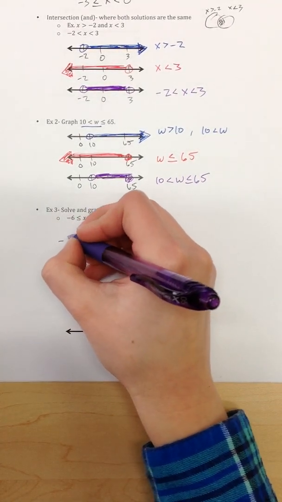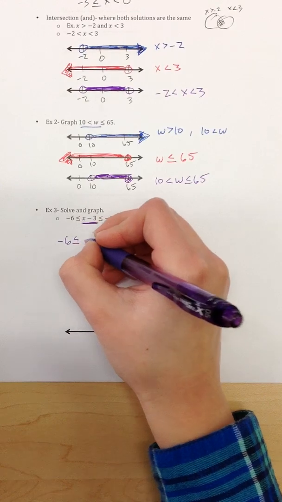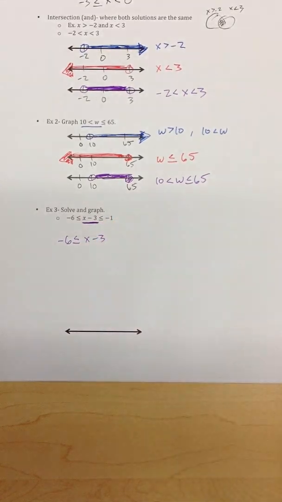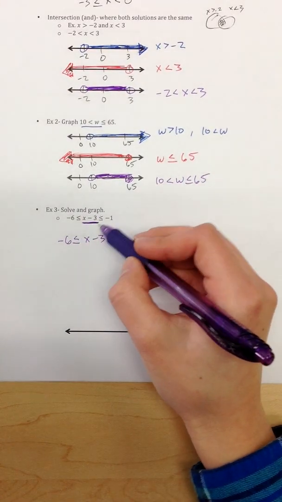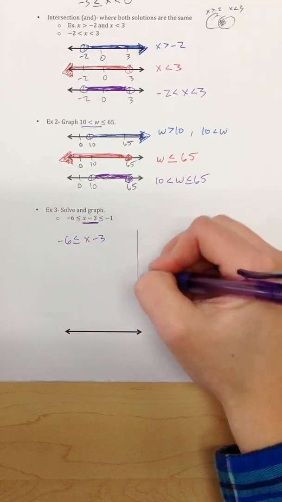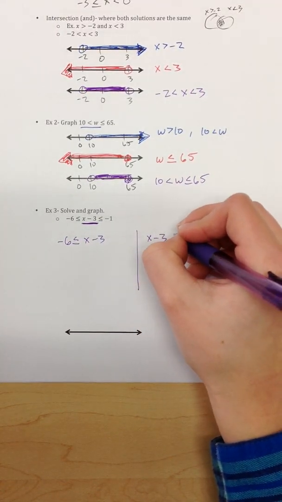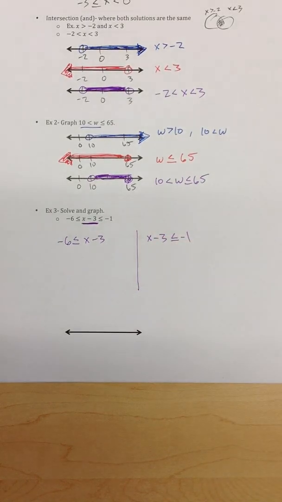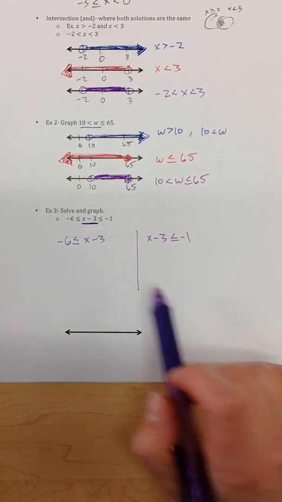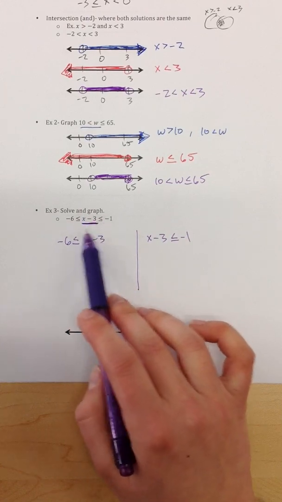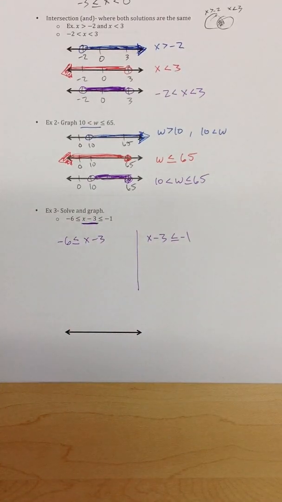So I would have one that's -6 is less than or equal to x minus 3. Then I take that same middle chunk, x minus 3, and do that with a separate equation here. So now I've got x minus 3 less than or equal to -1. So just taking those two halves there, breaking them up, keeping the middle exactly the same for both of the groups. Okay, and then I just solve these like an equation.